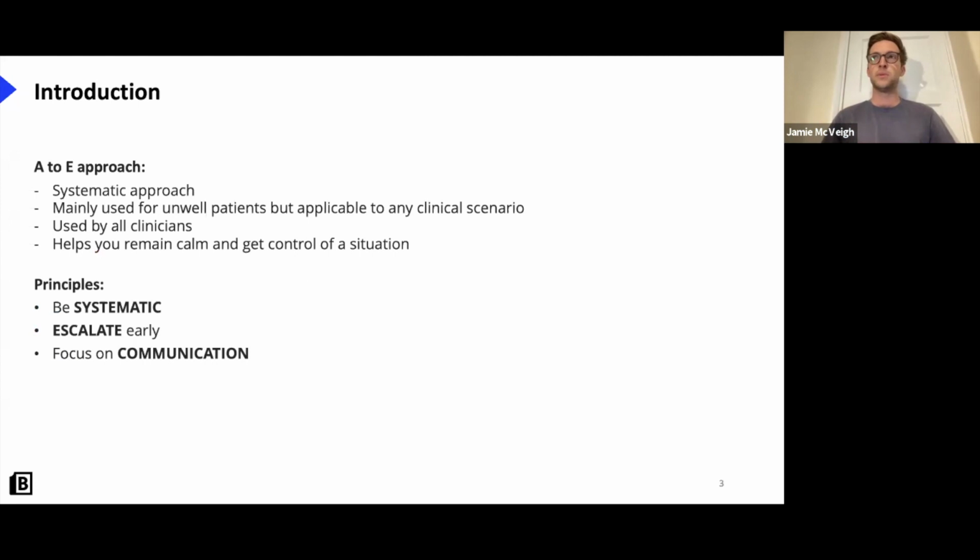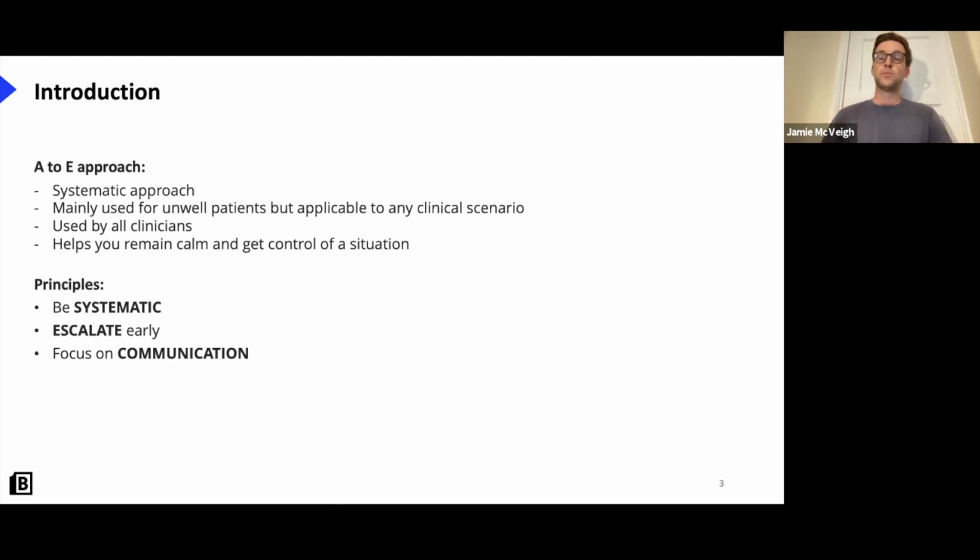There's nurses on my wards at the moment that when they're writing their notes up at the end of the day, they will just do A, B, C, D, E as their clinical summary because it's such a useful tool. It is used by all clinicians. I've seen med students all the way up to very experienced consultants using the A to E approach, and it is very useful for that reason.